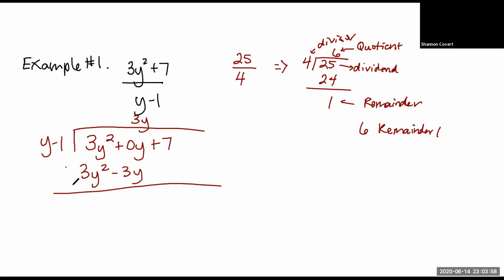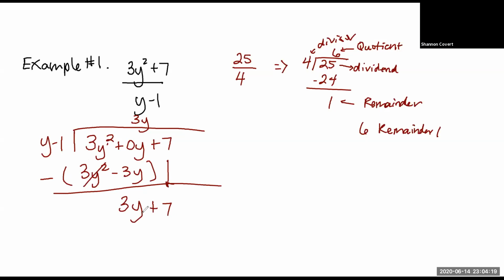And then if you remember in long division, you subtracted. Right here I took 25 minus 24. So I'm subtracting. 3y squared minus 3y squared is 0. 0 minus a negative 3y is positive 3y. And I drop down the plus 7.